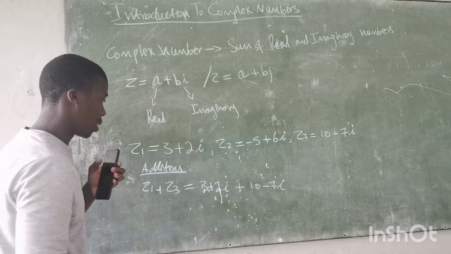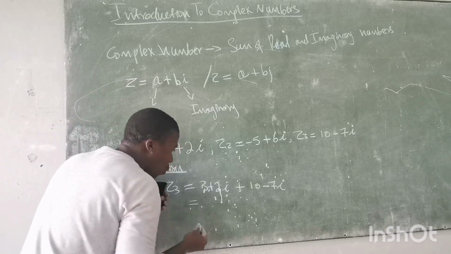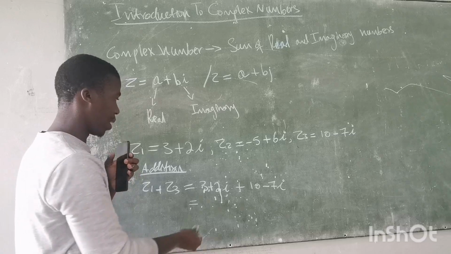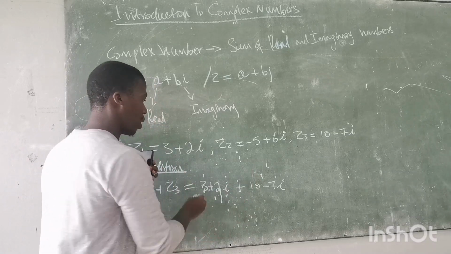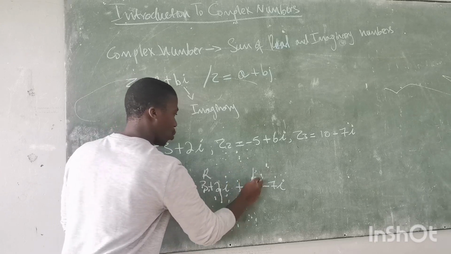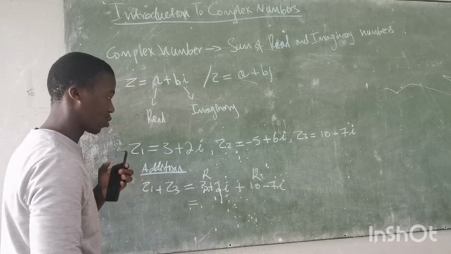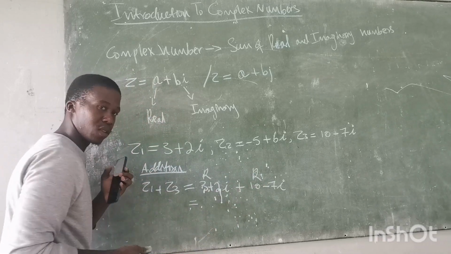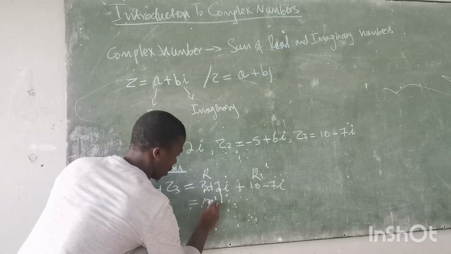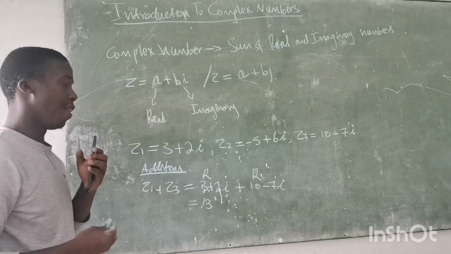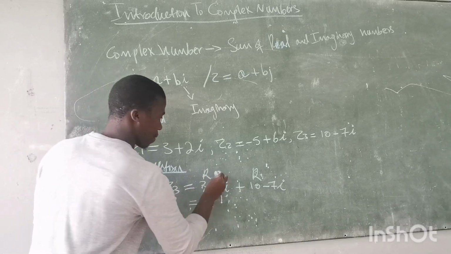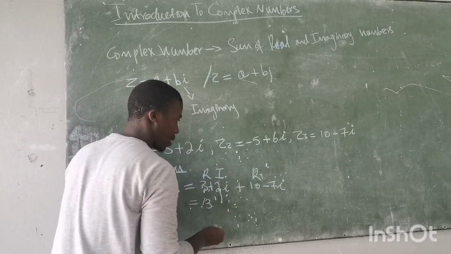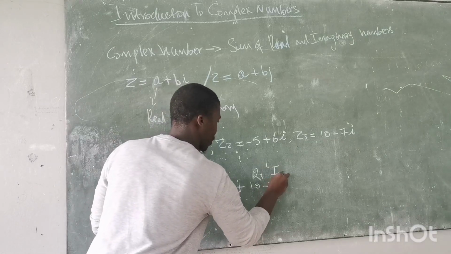What are the real numbers here? We have 3 and 10. These are both real numbers. So 3 plus 10 gives us 13. Now we need to add the imaginary numbers. We have 2i and negative 7i.